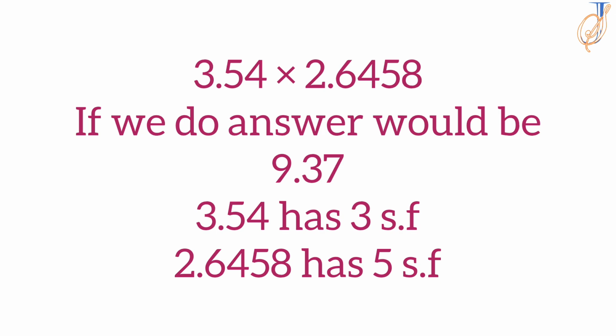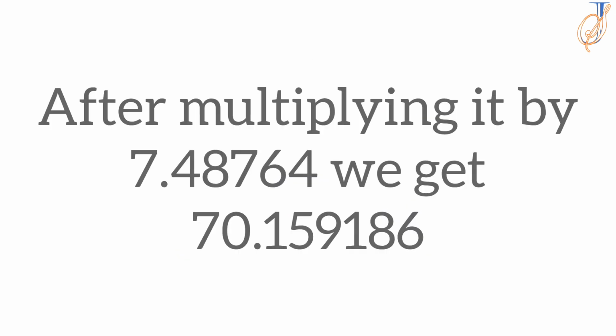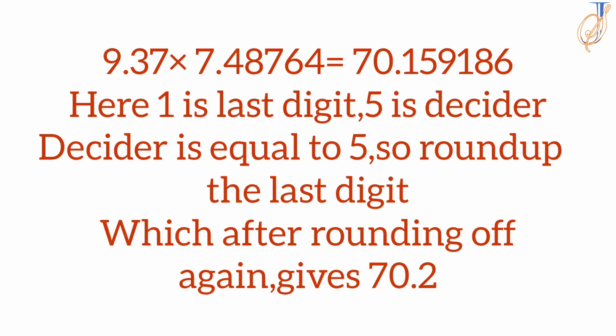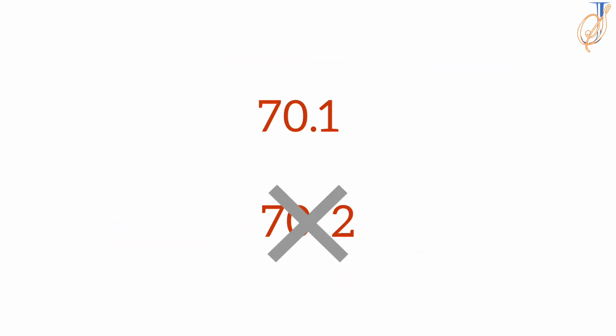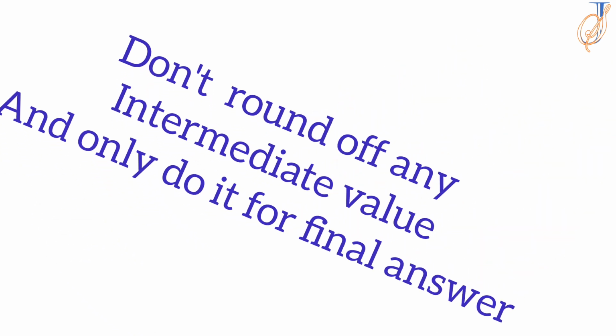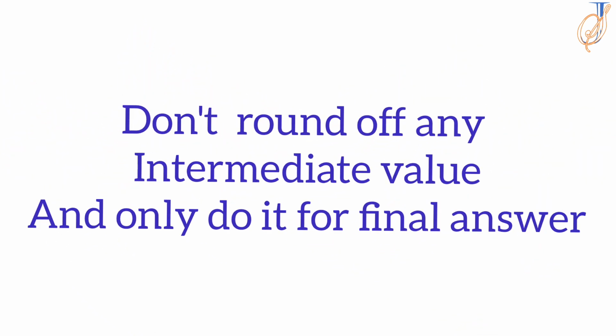If you do, the answer would be 9.37. And after multiplying it by 7.48764, you will get 70.159186, which after rounding off again gives 70.2 as the final answer. That is not correct. So keep in mind, do not round off any intermediate result. Only do it for the final answer.